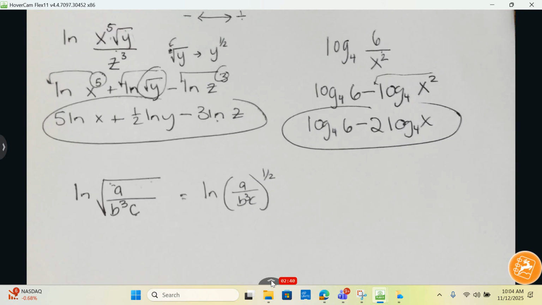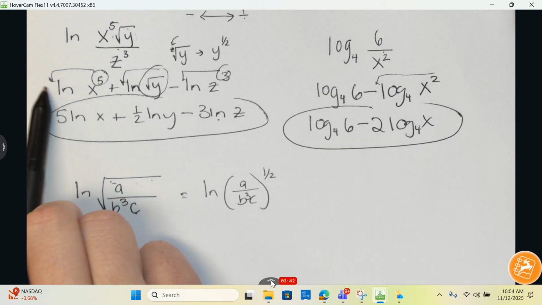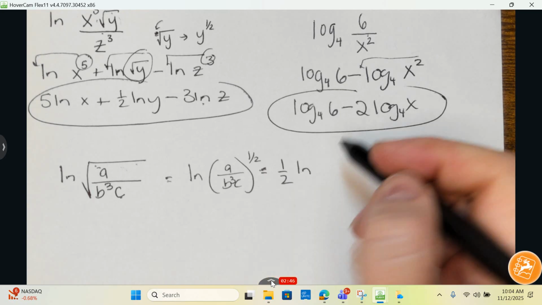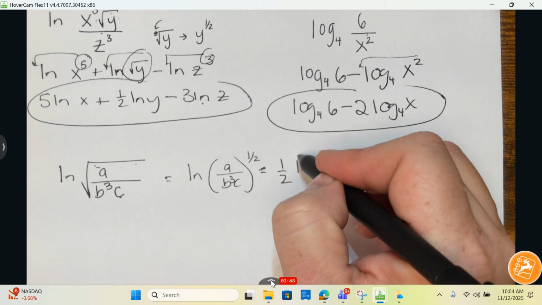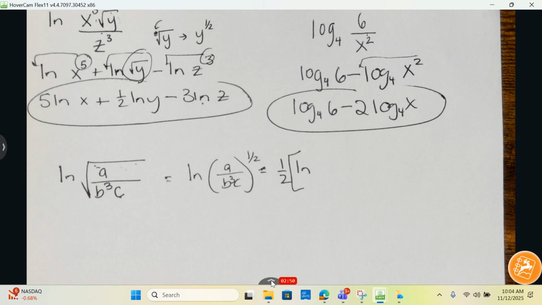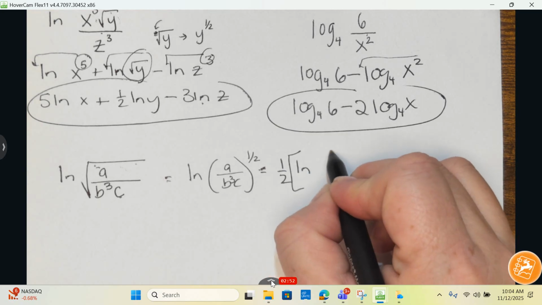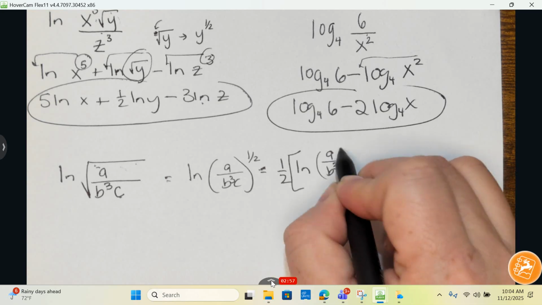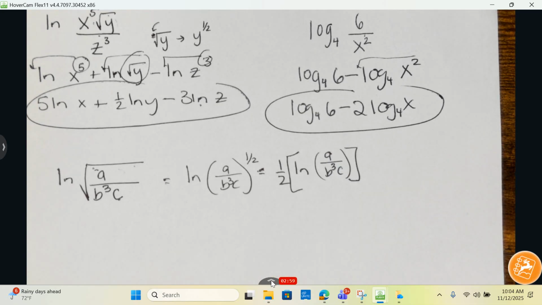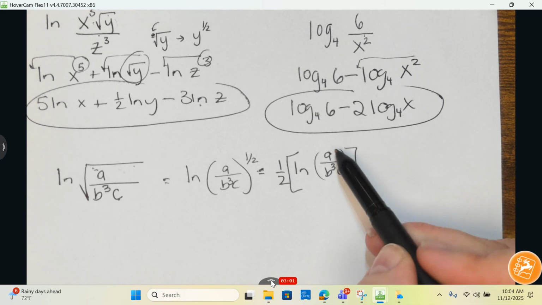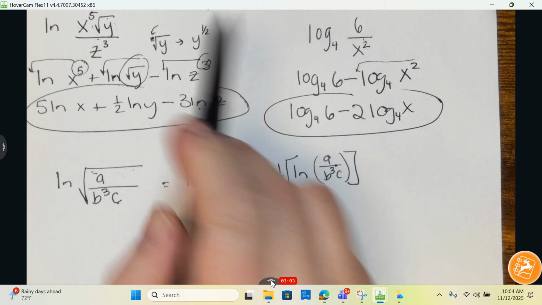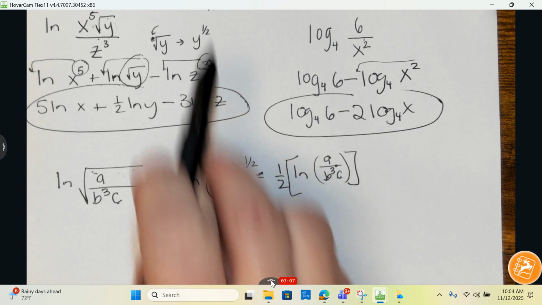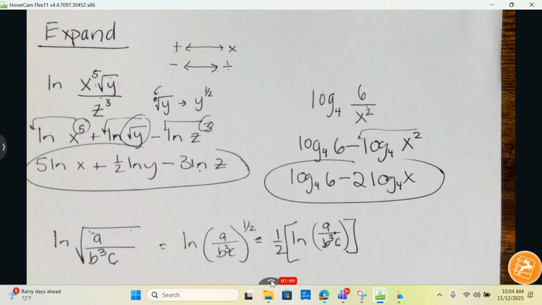And just like I did in previous examples, remember that exponent goes in front. So I have 1/2 ln, and remember that 1/2 needs to be applied to everything. So then I have a over b cubed c. As I expand this, division turns into subtraction, and multiplication turns into addition.